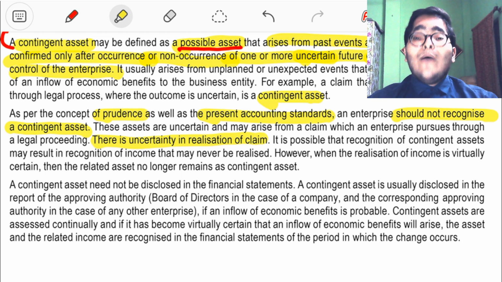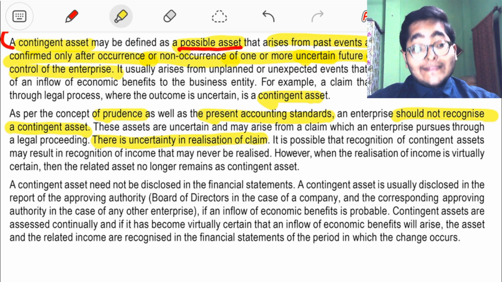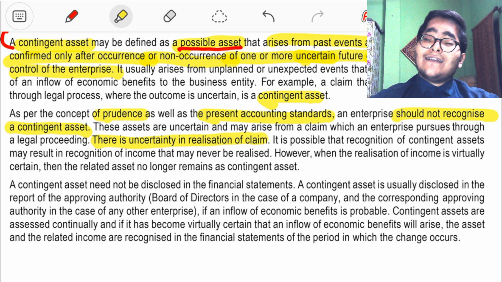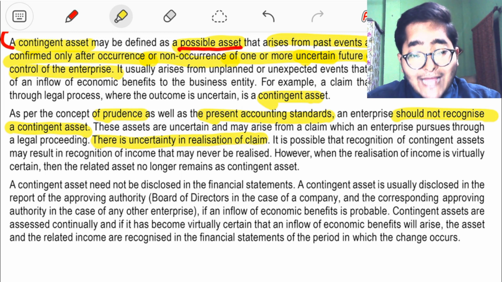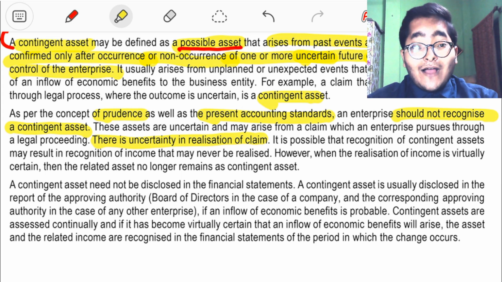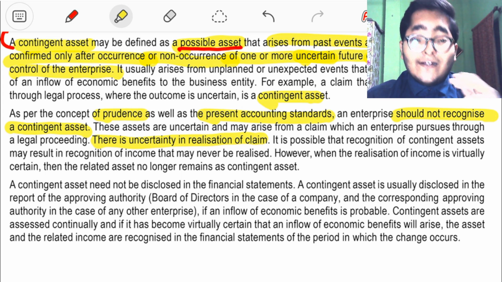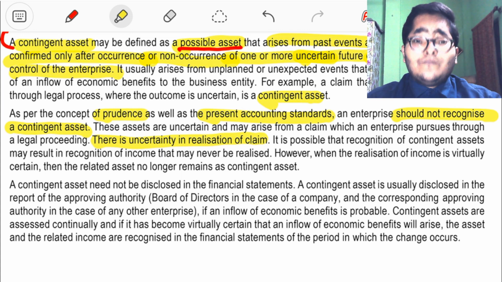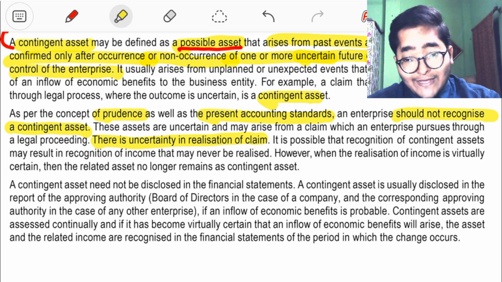However, when the realization of income is virtually certain, then the related asset no longer remains a contingent asset. जब उस contingent asset का या फिर उस income का certainty होता है या फिर एक certain portion recover होना ये तय हो जाता है, तब उसे contingent asset नहीं कहेंगे.